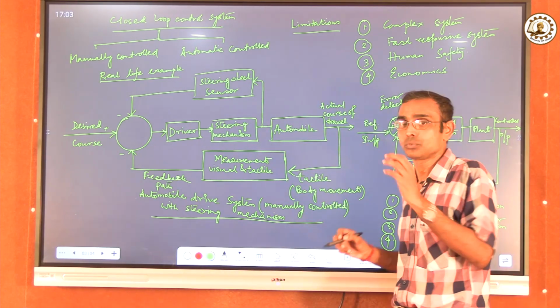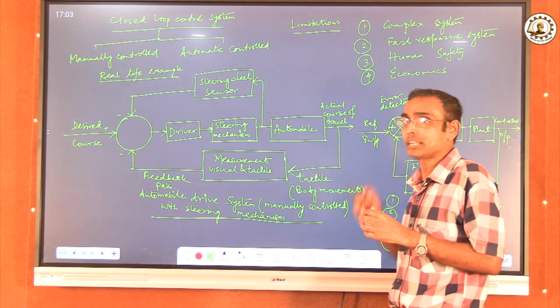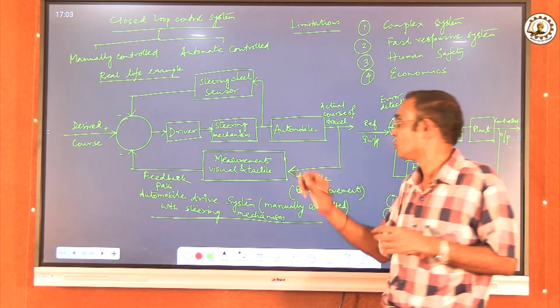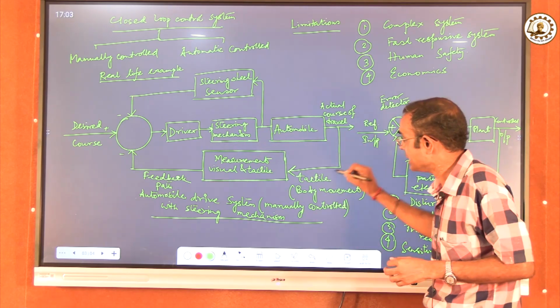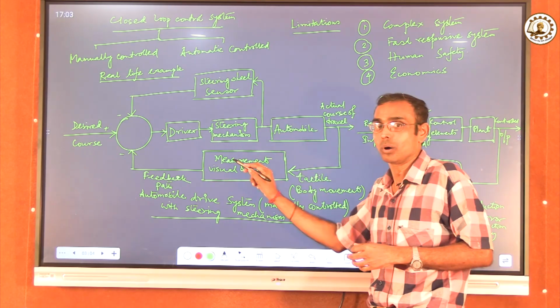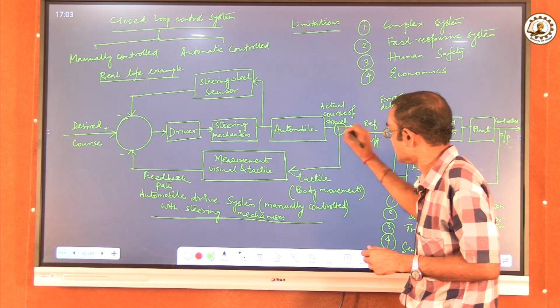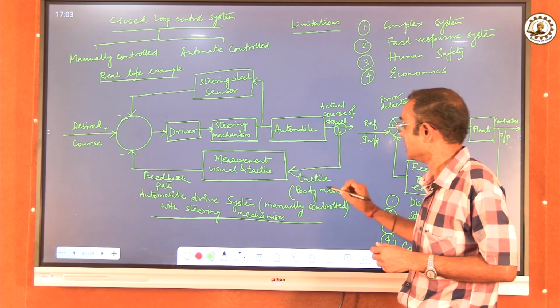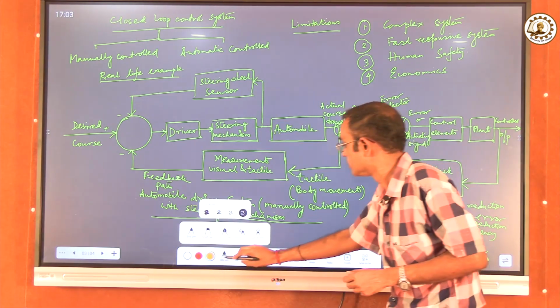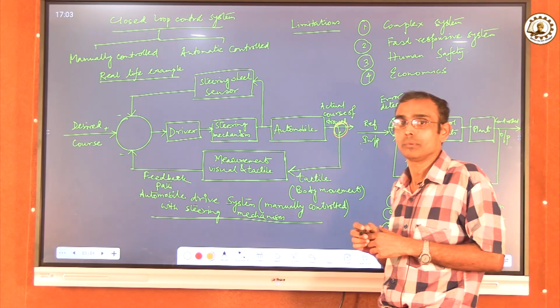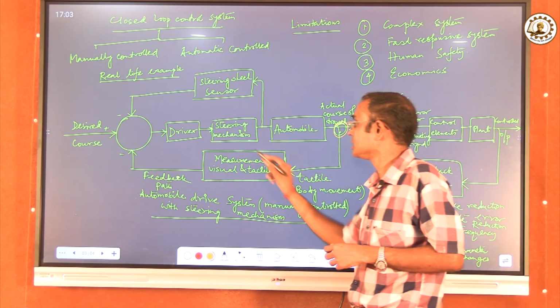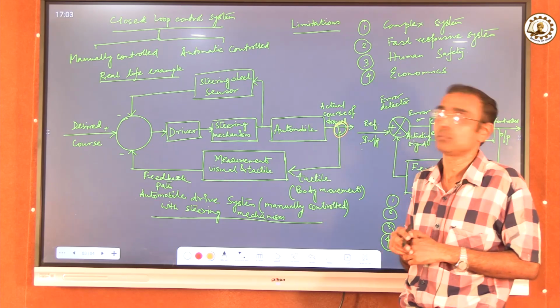For that, first, from the actual course of travel, which is the output of this automobile, a sample is taken from this position and provided into this block. This is the position from where the sample is taken from the output, and that is given to this measurement, visual and tactile, block.